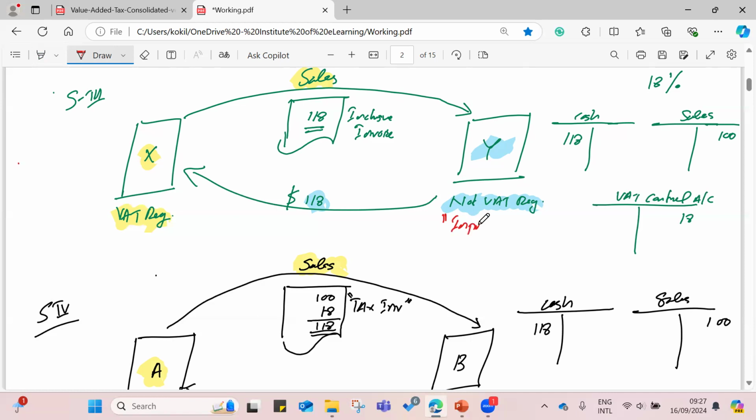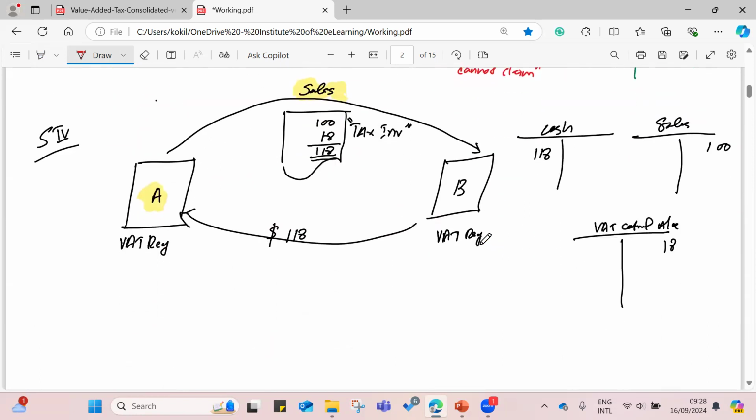Input VAT cannot be claimed, right? The important thing is for you to note why it can't be claimed.